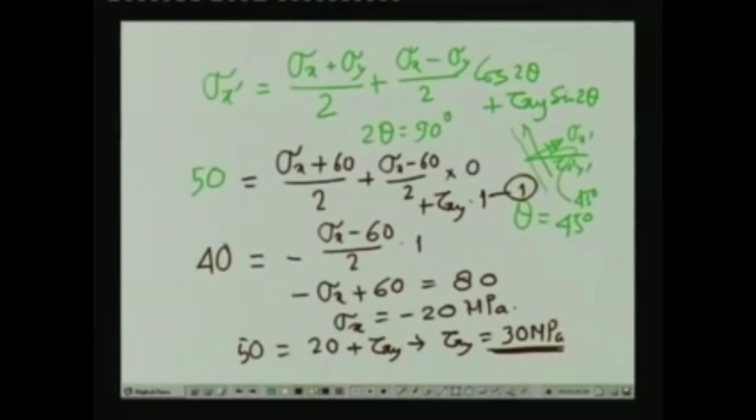So, if we draw the element now on which the stresses act, we have on this sigma y. Now, we have evaluated the stress sigma x and also tau xy.